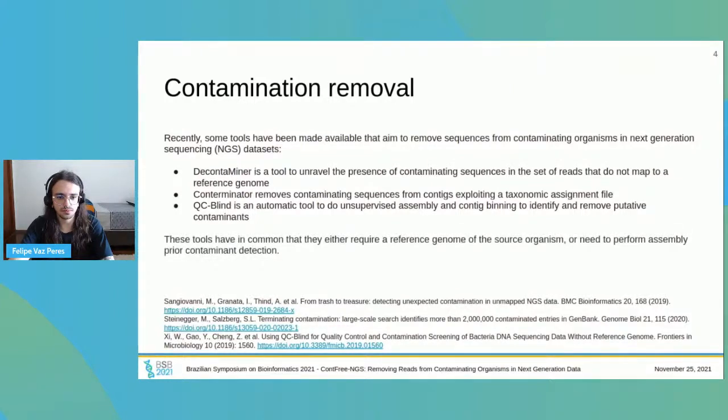But all of these tools have in common that they either require a reference genome of the source organism or need to perform assembly prior to contaminant detection.